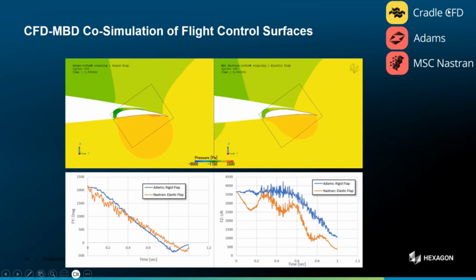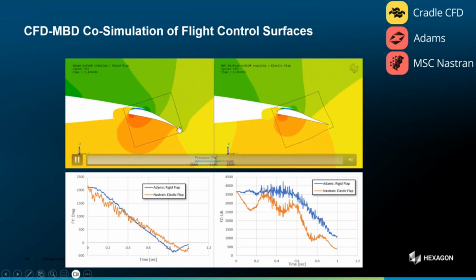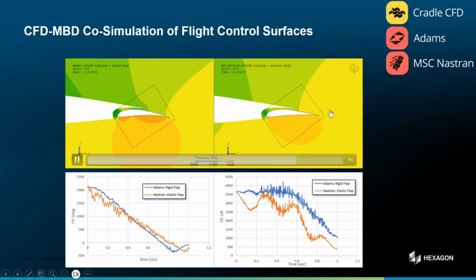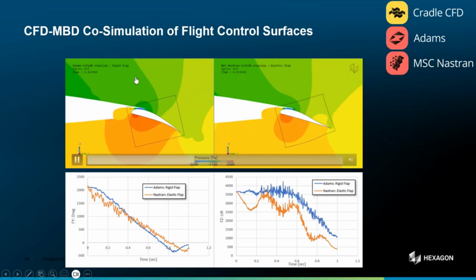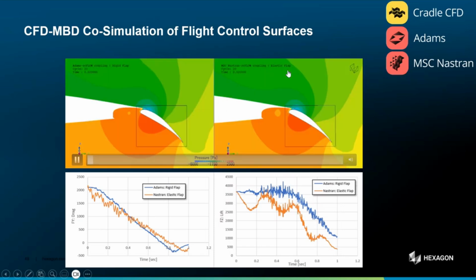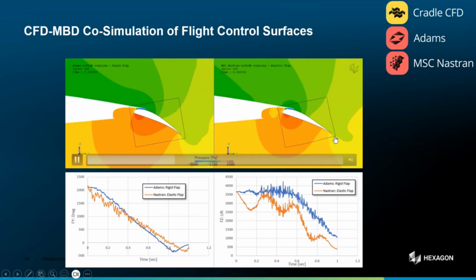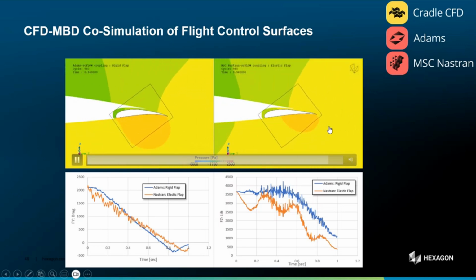So CFD for the force acting on the structure, ADAMS to drive the motion, and Nastran as well to get the deflected shape of the flap. Here, this is when we consider a rigid flap. Here, this is when we consider an elastic flap with deflection. As you can see, it should not be neglected. Otherwise, you cannot expect to be accurate.